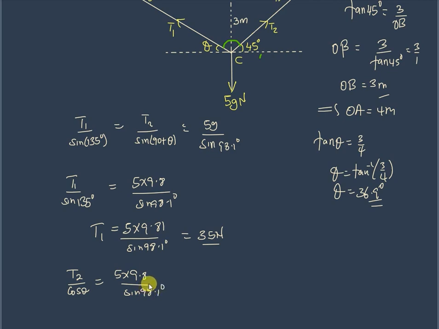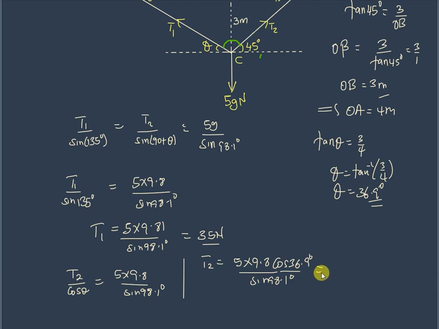And so we shall have that T2 is equal to 5 times 9.8, and we multiply by cosine of 36.9, and we divide by sine of 98.1 degrees.